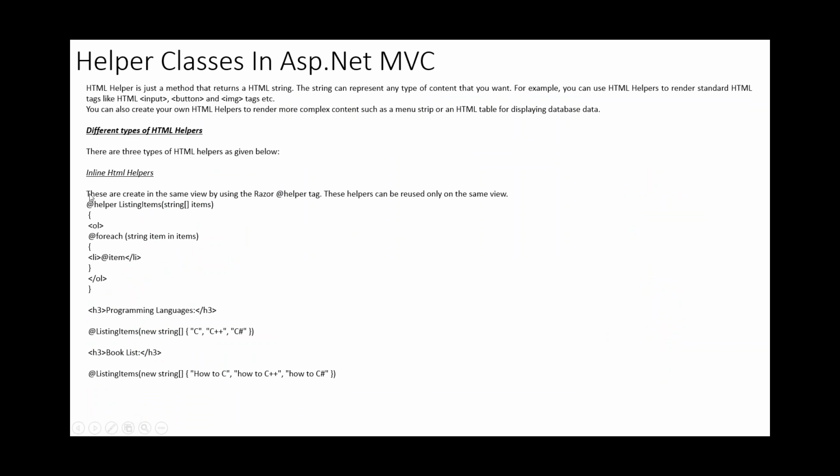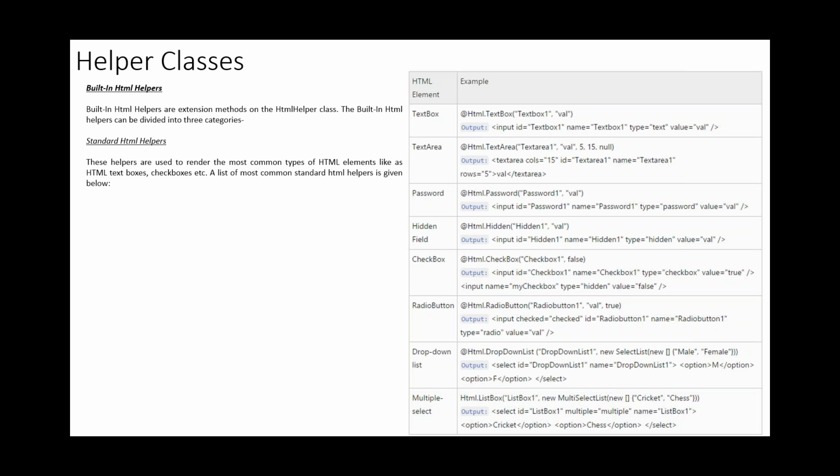If you see here, at the rate helper listing items, and then for each item. So along with your HTML code you can write your C# code, and that is called inline HTML helpers. Then there are built-in HTML helpers.